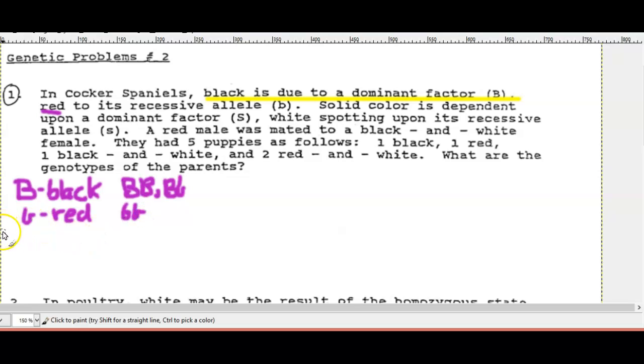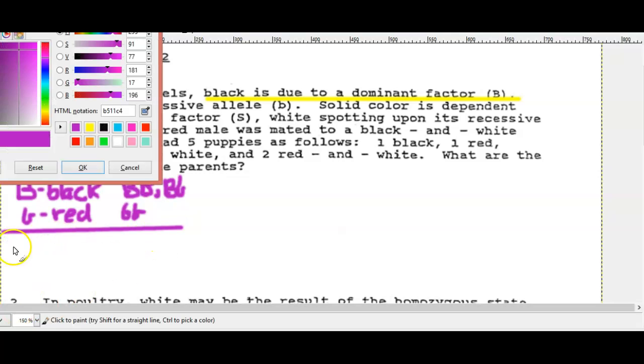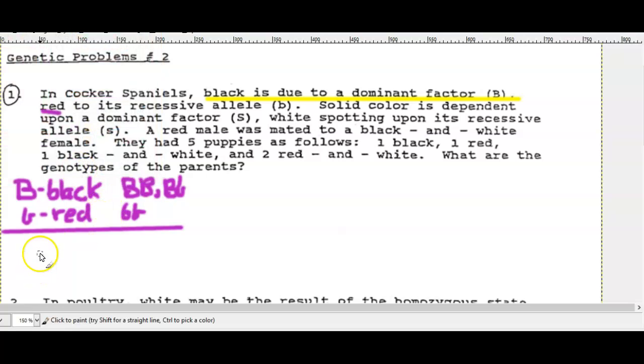So that is our first trait. Our second trait, it says right here, big S is solid.